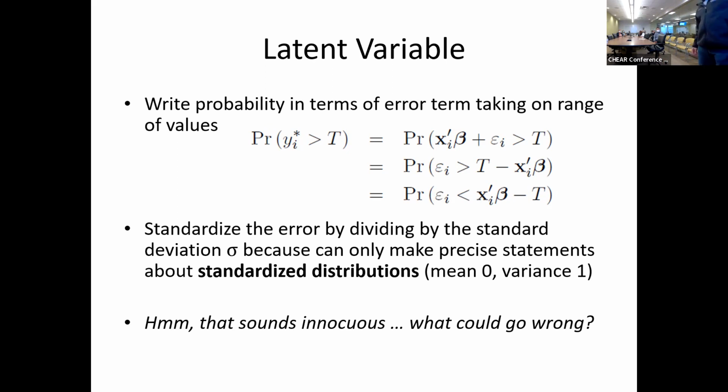So if we assume a distribution for the error term, then we can write a precise statement about that. And the other thing is this error term has to be what's called standardized, meaning mean 0, variance 1. Mean 0 is not an issue, that gets absorbed into the constant term, but the variance of 1 is important. Okay. We have an error term that's standardized.